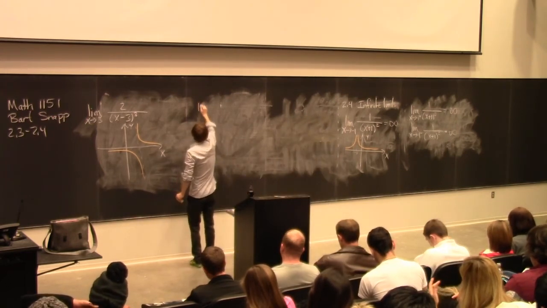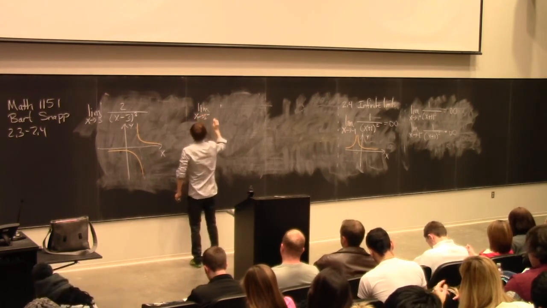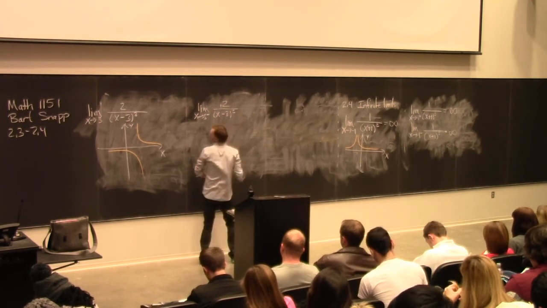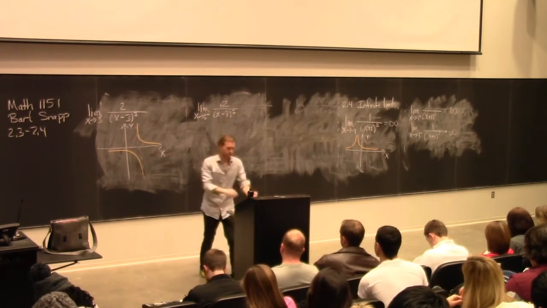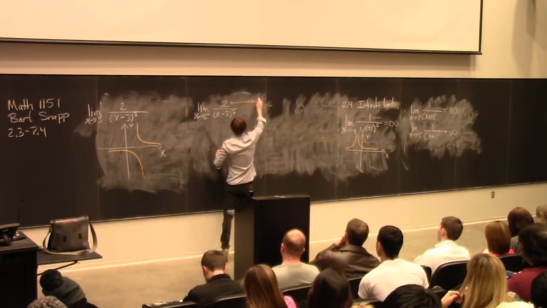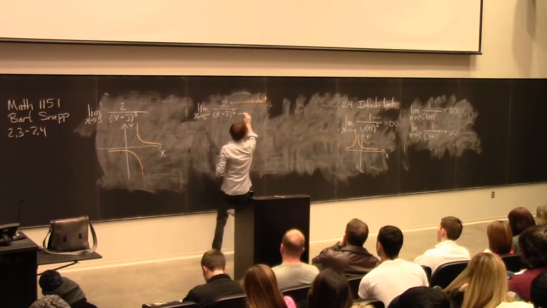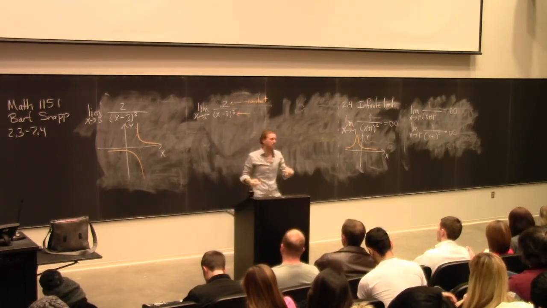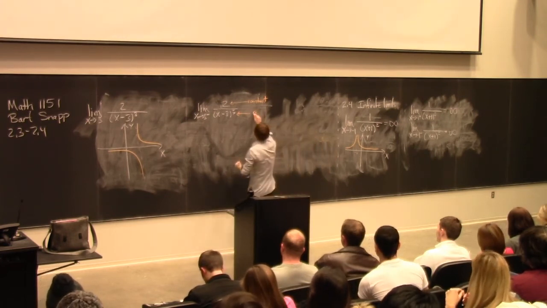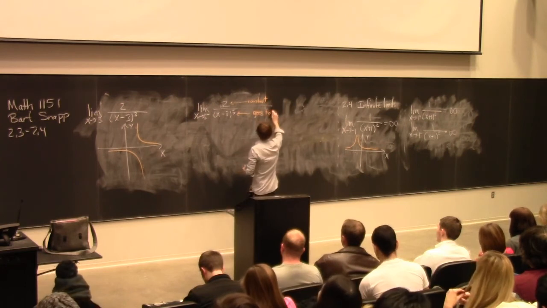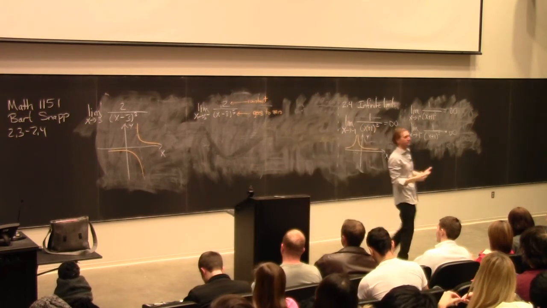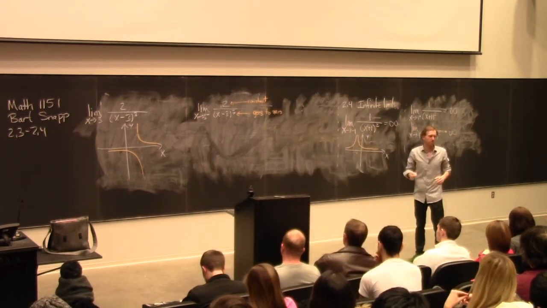But let's see, the limit as x goes to 3 from the left of 2 over (x minus 3) cubed. The numerator stays constant, and the denominator goes to what number? 0. And what is its sign as it goes to 0 from the left?